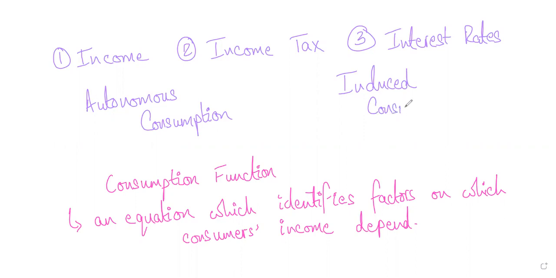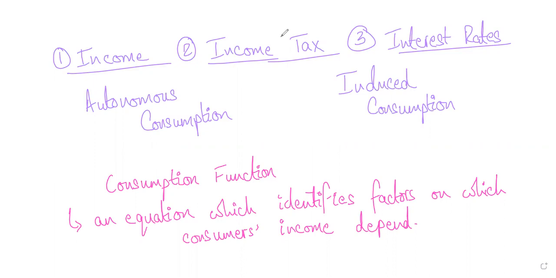So what I was saying here is that there are a lot of different factors that affect individuals' consumption, some of which we have already listed on top, which includes income, income tax, interest rate, and so on and so forth. There's a long list. We classify all these factors in 2 categories: one, induced consumption, and one, autonomous consumption.